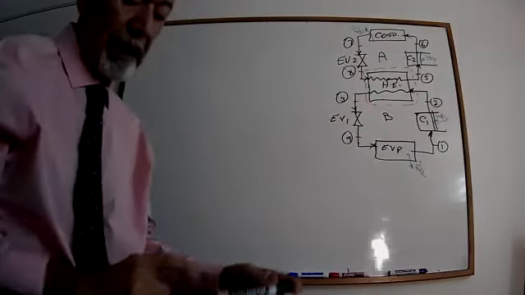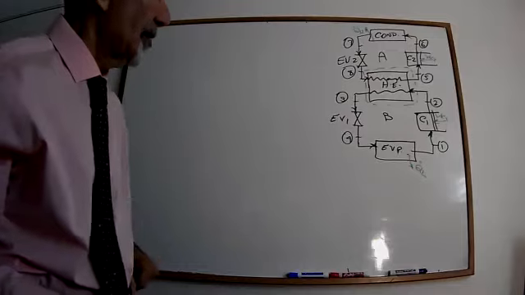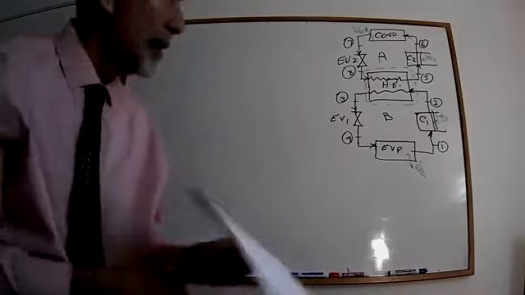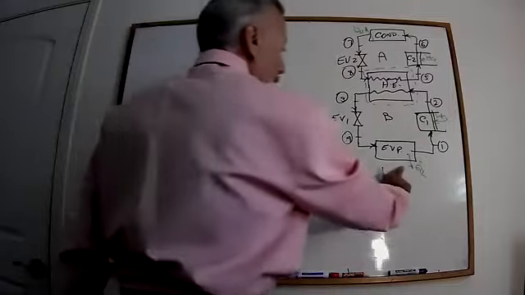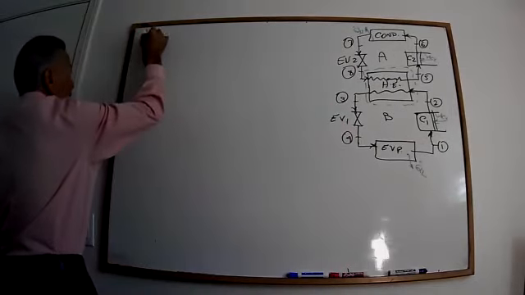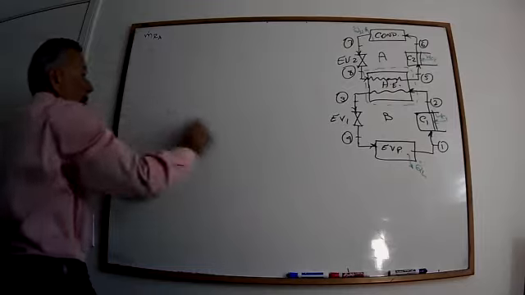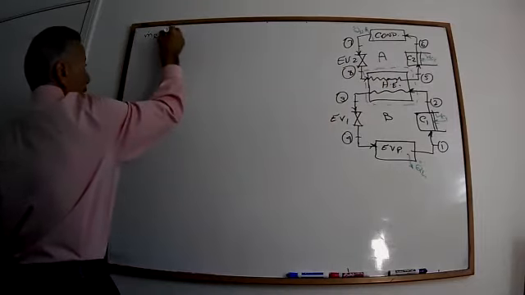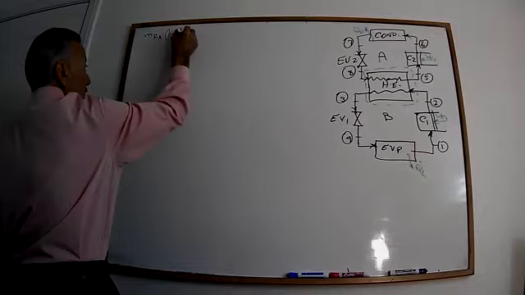Now, this particular problem, what we need to write here is the mass of refrigerant A, which is at the top, times H5 minus H8.